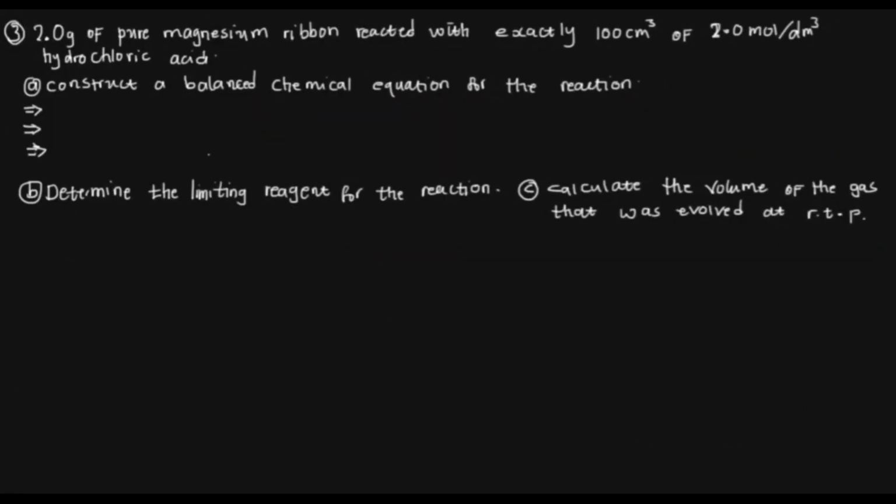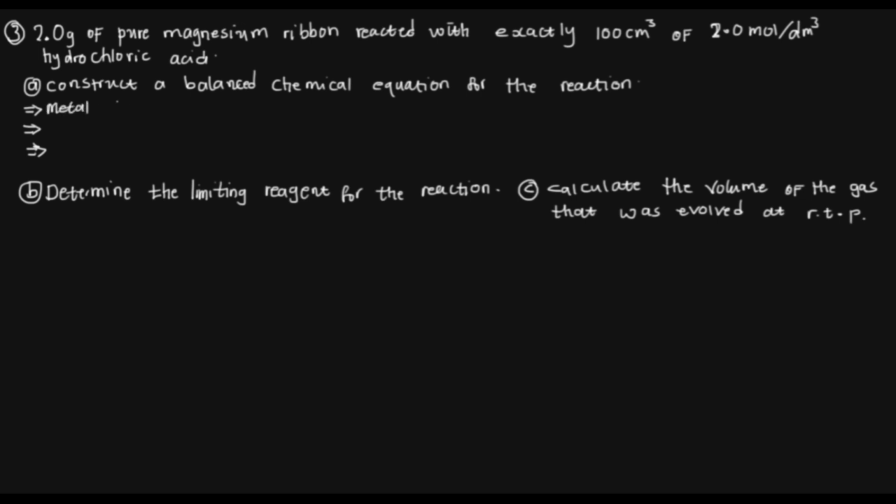Okay, now let's move on to question 3. 2.0 grams of pure magnesium ribbon reacted with exactly 100 cubic centimeters of 2.0 mole per cubic decimeter of hydrochloric acid. The first one, construct a balanced chemical equation for the reaction. So step number 1, here we are dealing with a metal.